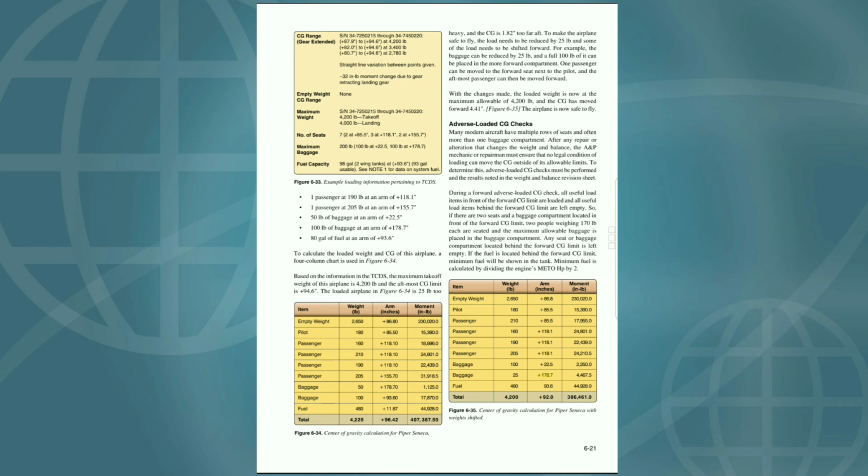Plus 178.7. 93.6. Plus 92.0. Moment. In pounds. 230,020.0. 15,390.0. 17,955.0. 24,801.0. 22,439.0. 24,210.5. 2,250.0. 4,467.5. 44,928.0. 386,461.0. 407.